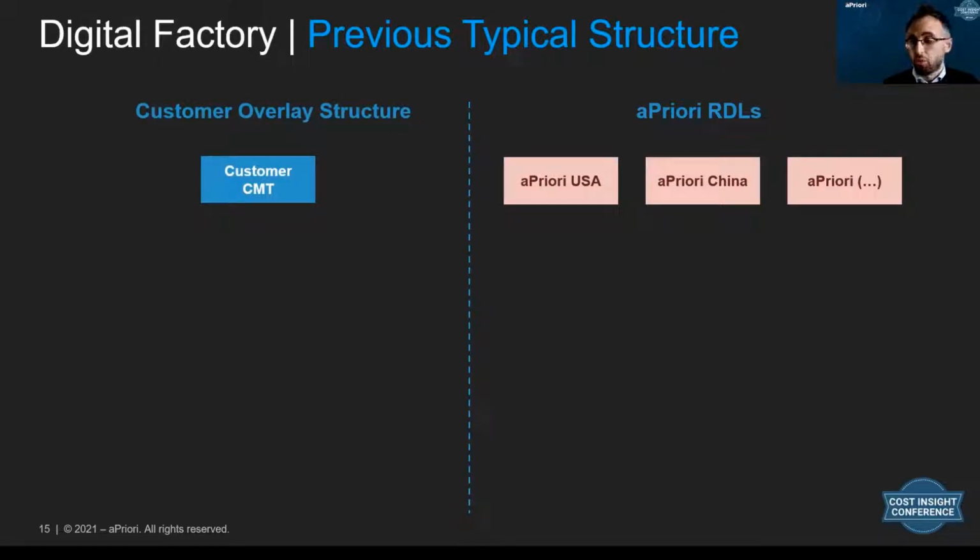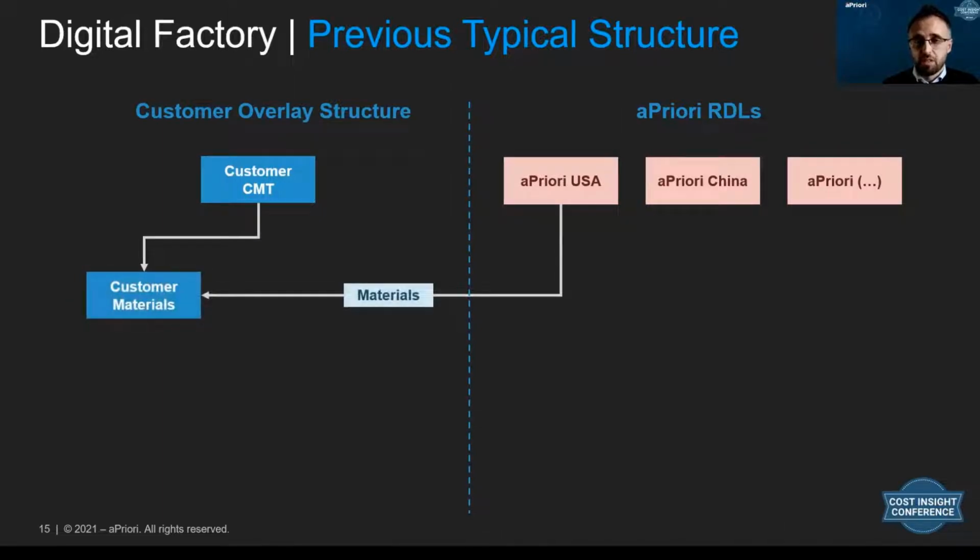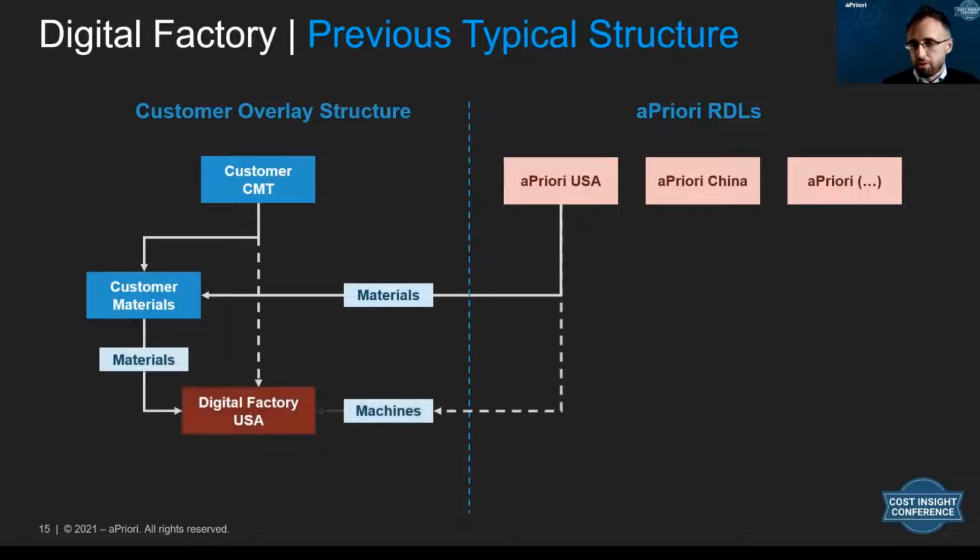Next up, we create your own materials database to inherit all of aPriori's materials, but this allows you to add your own specific materials while still taking advantage of the material information aPriori has to offer. And then we're ready to create your own unique digital factory, which inherits all the machines from the chosen aPriori regional data library. Therefore, any new machines that you need to add are added directly to your digital factory itself.